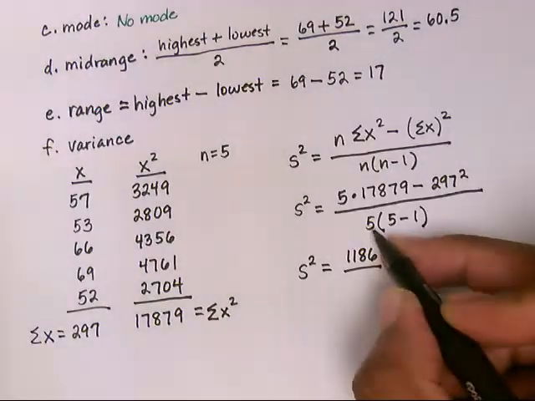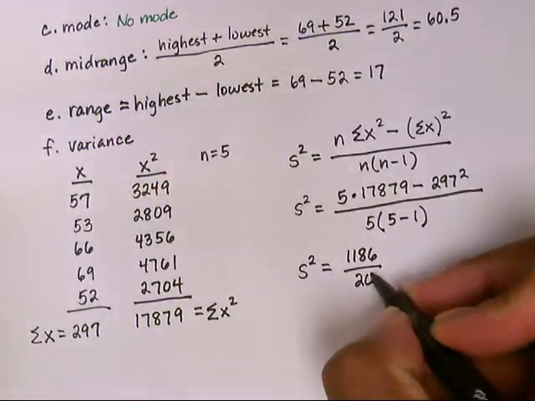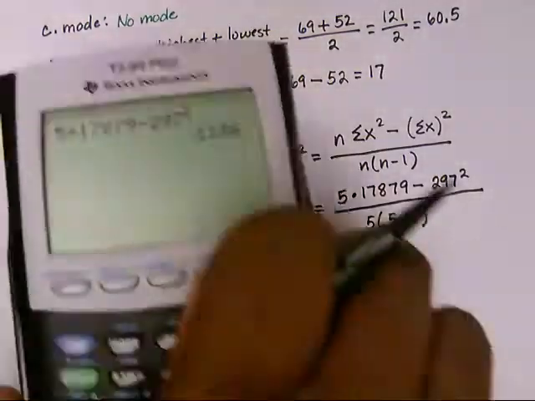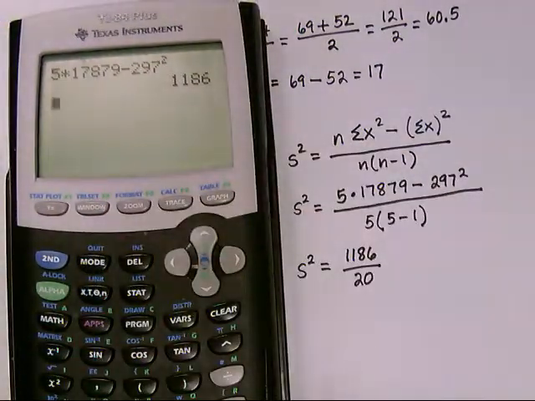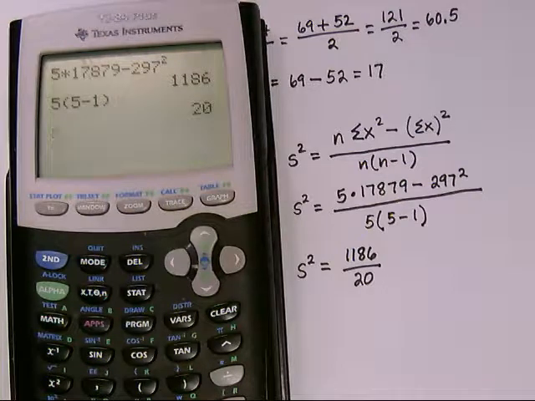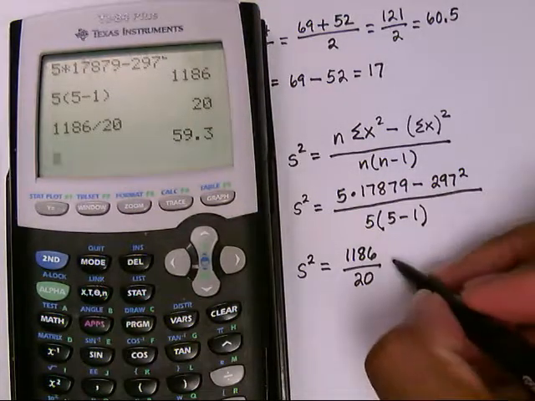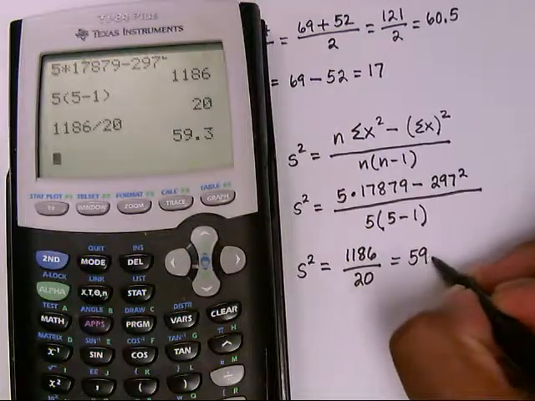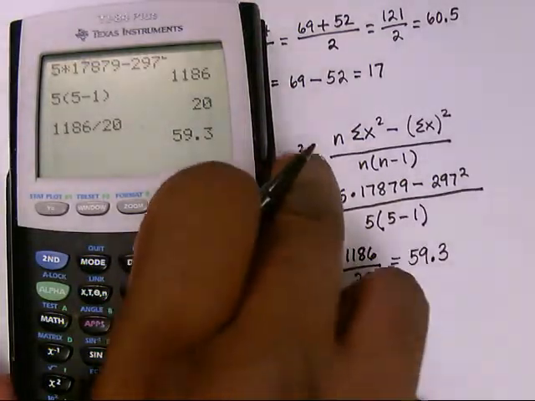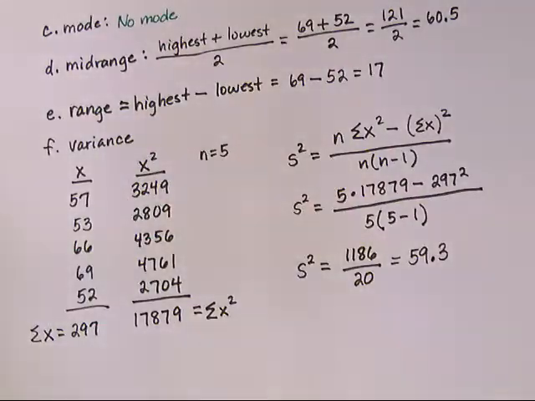Then 4 times this 5 in front will be 20. If you wanted to, you can do 5 parentheses 5 minus 1, close parentheses. You'll see that it ends up being 20 in your denominator. So if I take 1,186 and divide that by 20, I would get 59.3. So the variance of this data set would be 59.3.